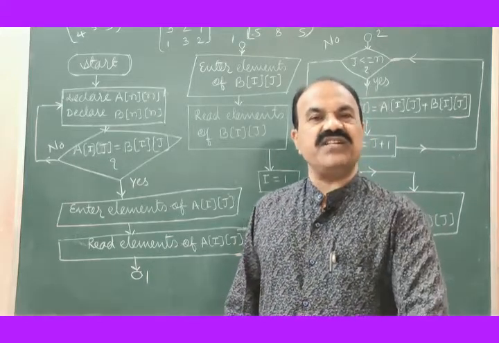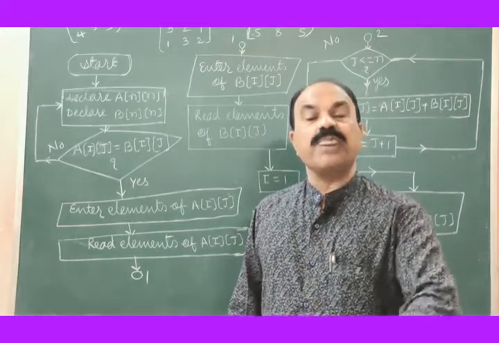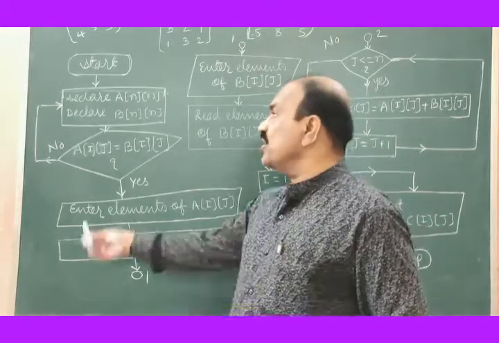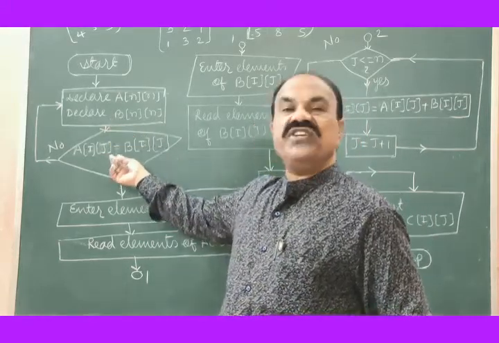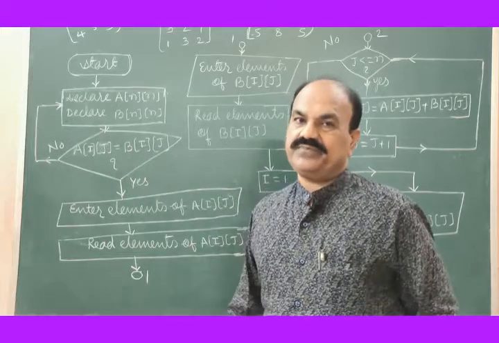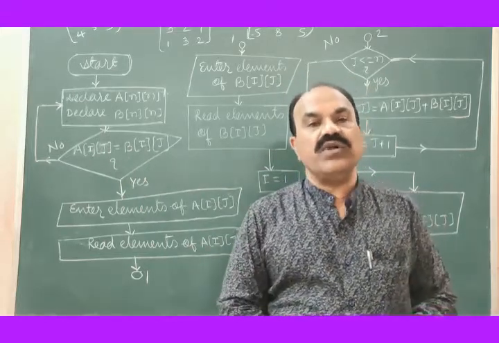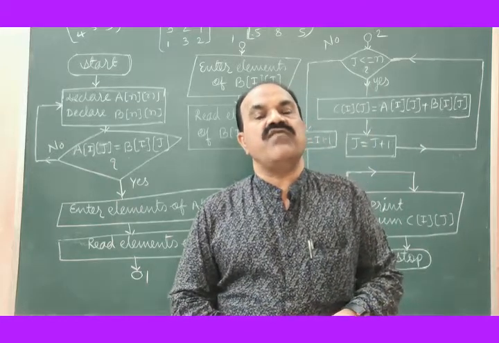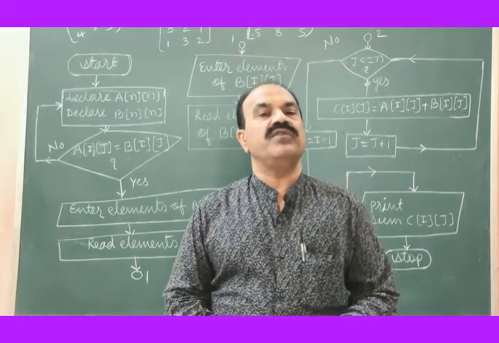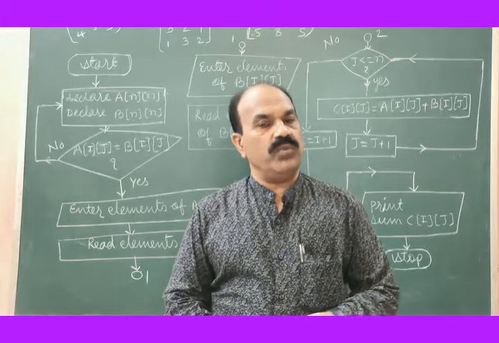The first condition for addition of 2 matrices is that they should be of the same order, and therefore that condition is also set here. This way we can write an algorithm and flowchart for any type of problem.